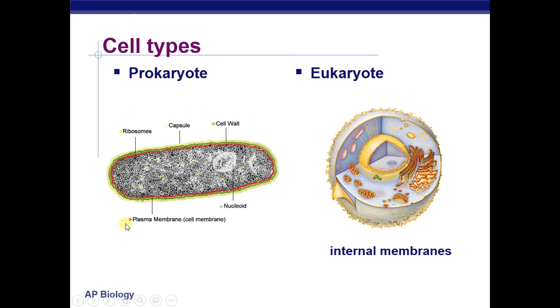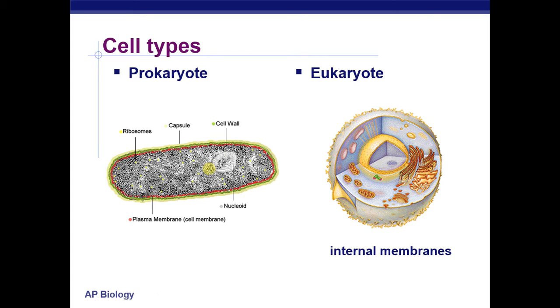Look at it and see what you notice about it versus a eukaryotic cell. This one looks a lot simpler, and this one is a lot more complex. You can see there's a whole bunch of different stuff inside this one, where this one doesn't seem to have nearly as much inside of it.